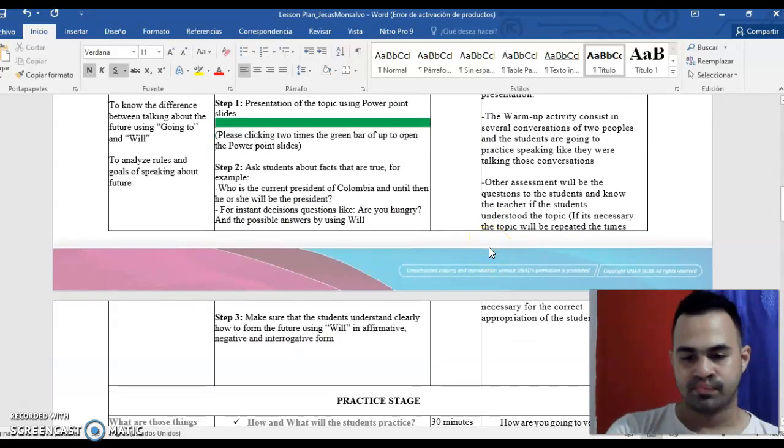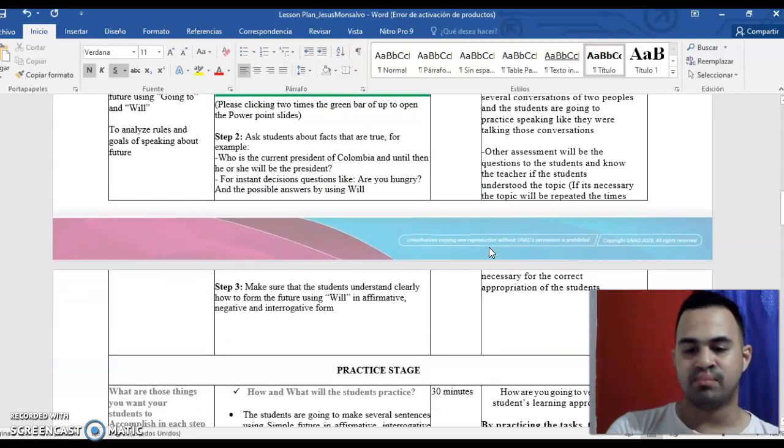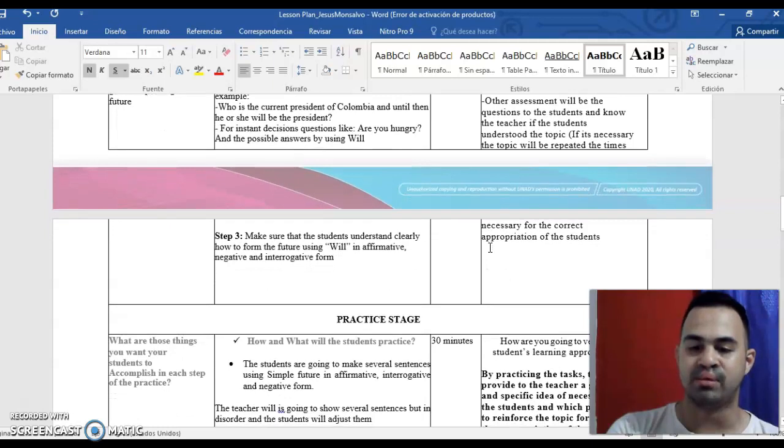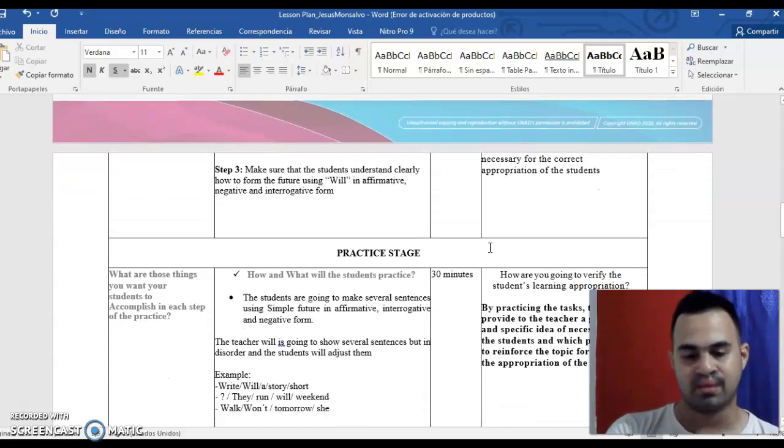Another assessment will be questions to the students so the teacher knows if the students understood the topic. If necessary, the topic will be repeated as many times as necessary for the correct appropriation by the students.